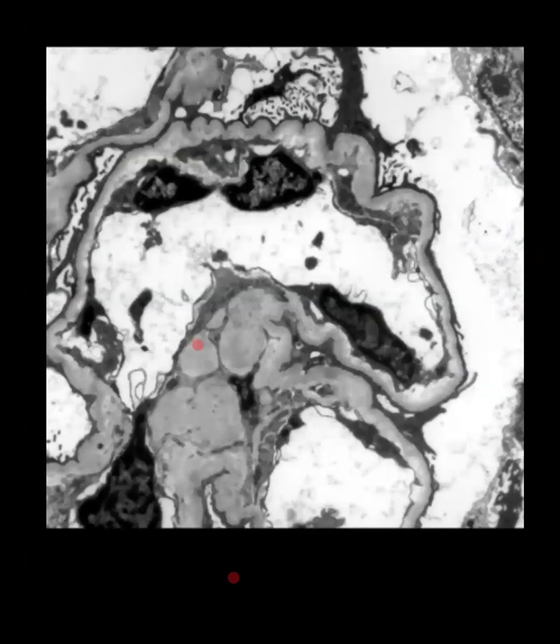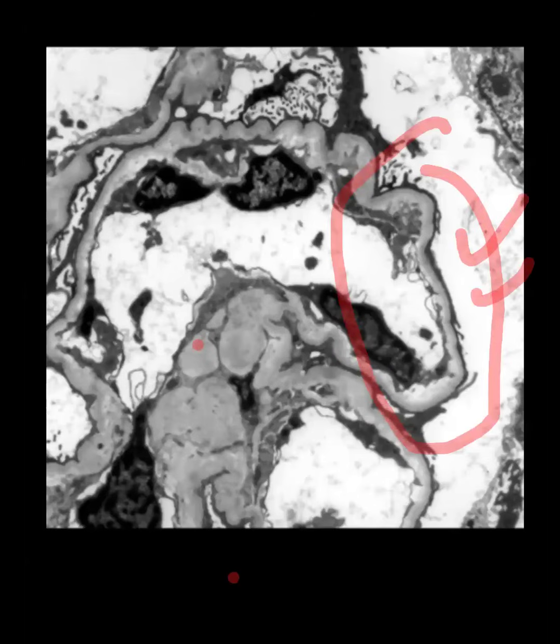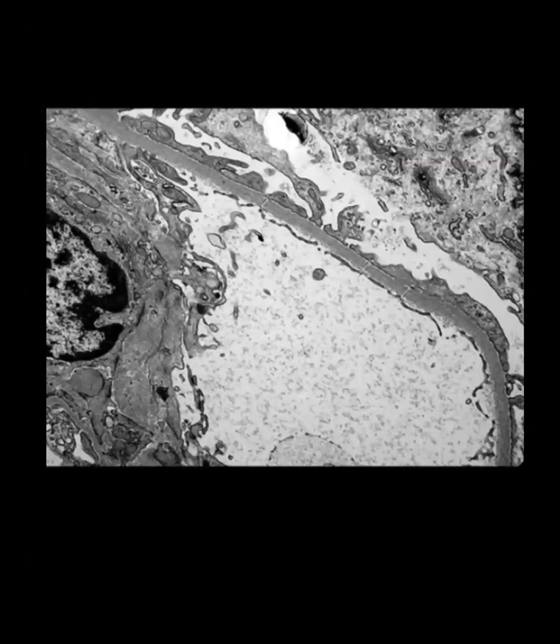So it is again electron microscopy that is showing complete effacement of podocytes. You can see this area, especially this outer area, you cannot see the podocytes here. So podocytes are effaced. Next, whenever they give you electron microscopy, you should be seeing three things.